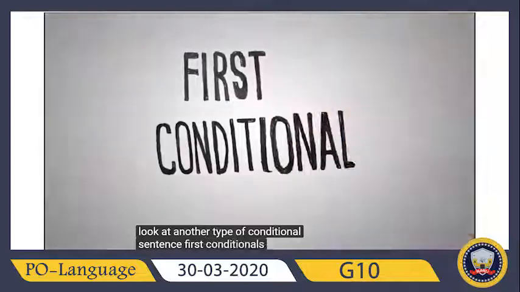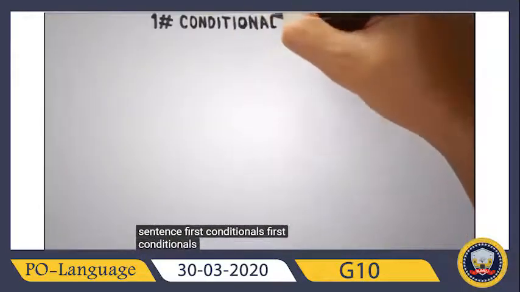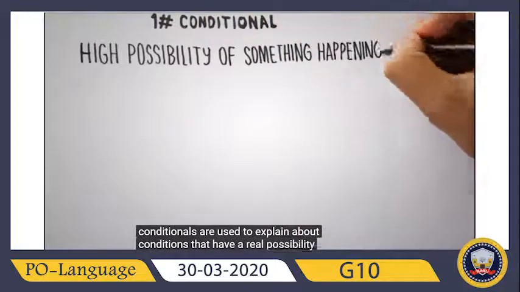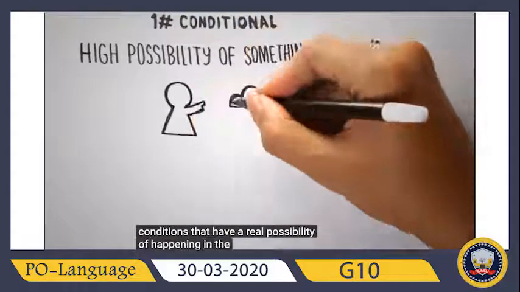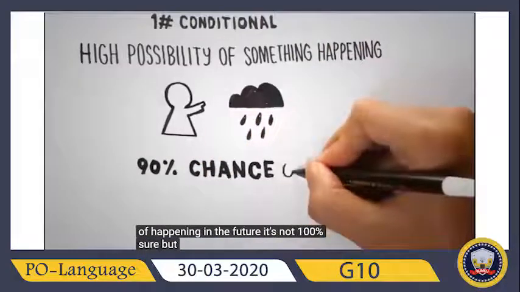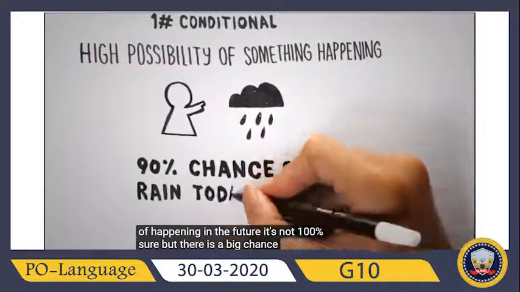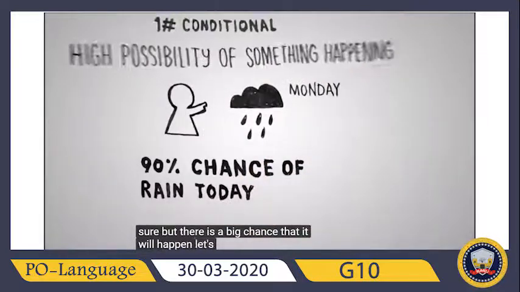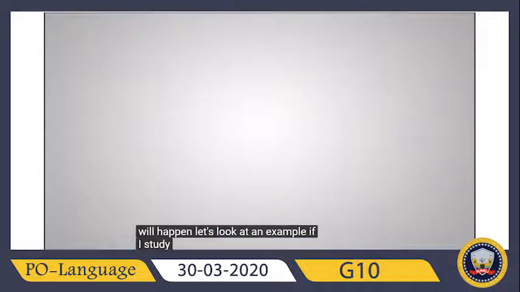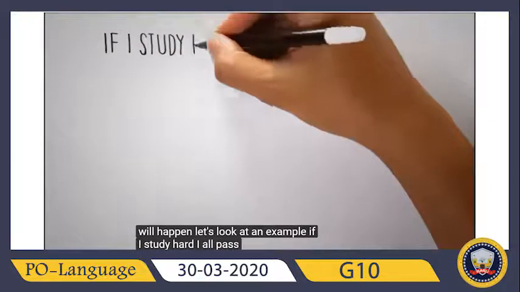First conditionals. First conditionals are used to explain conditions that have a real possibility of happening in the future. It's not 100% sure, but there is a big chance that it will happen. Let's look at an example. If I study hard, I'll pass the test.